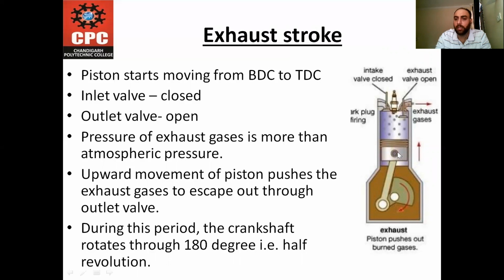Now the upward movement of the piston pushes these gases to escape out through the outlet valve. So in this stroke, the exhaust gases escape to the atmosphere, and during this stroke the crankshaft rotates 180 degrees, that is a half revolution.